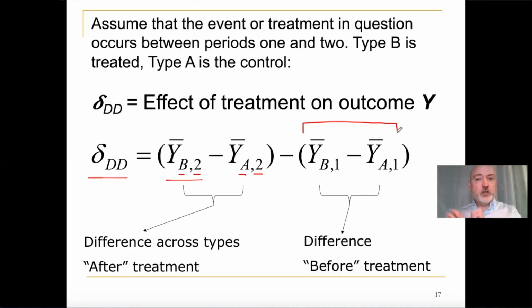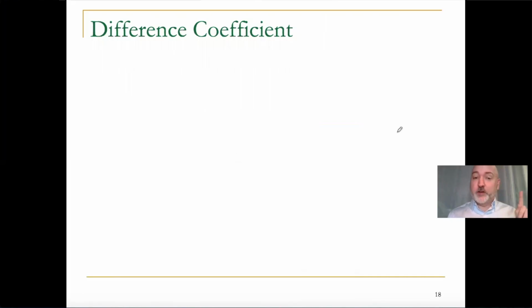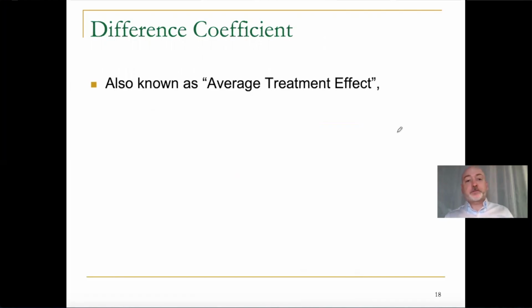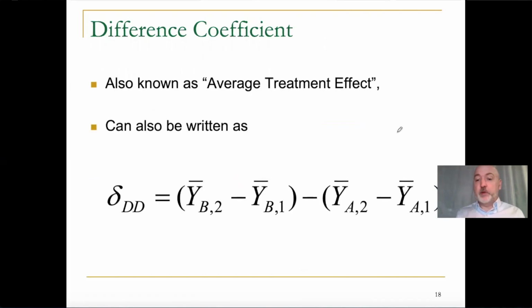That change in the path of the two groups between period 1 and period 2, conceptually, should be clear to be the effect of treatment, assuming, of course, that no other event of consequence occurred in between period 1 and period 2. We'll get to the assumptions momentarily. Again, this is going to be our ATE, our average treatment effect.